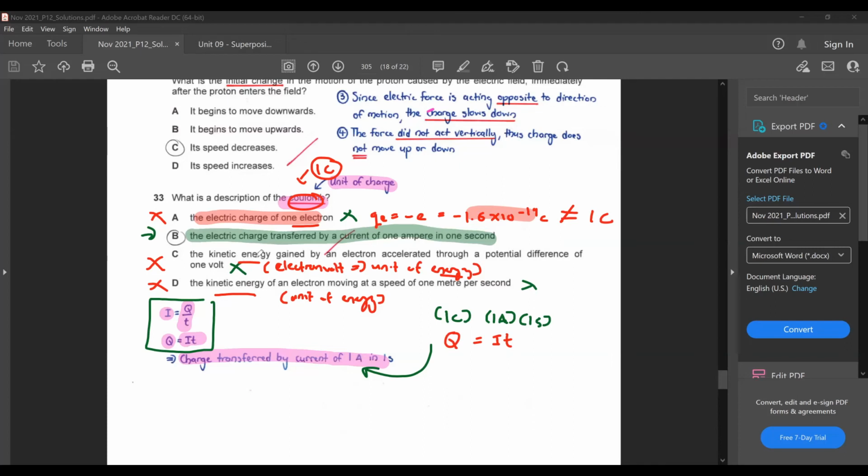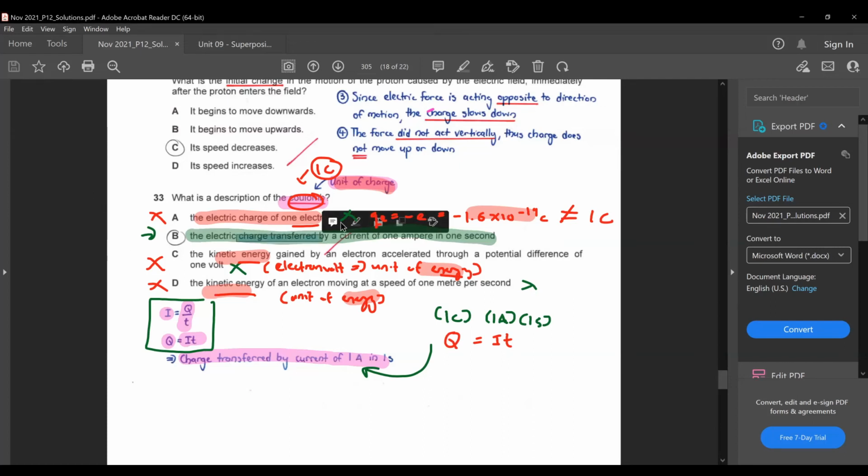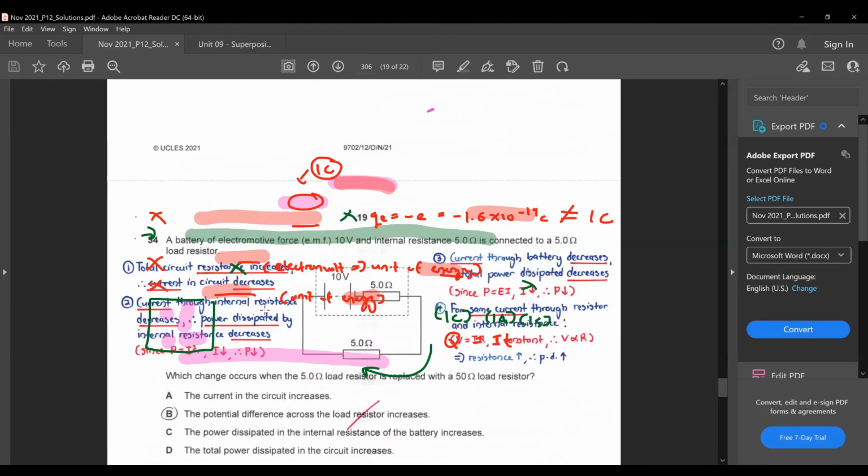C and D are wrong because they're talking about units of energy. We are talking about units of charge. So the only correct one is B. They're talking about charge directly, and it's charge transferred by 1 ampere in 1 second. Okay, so this one is fine.